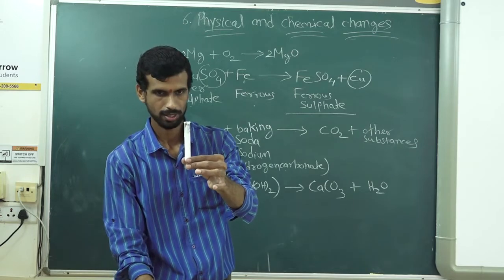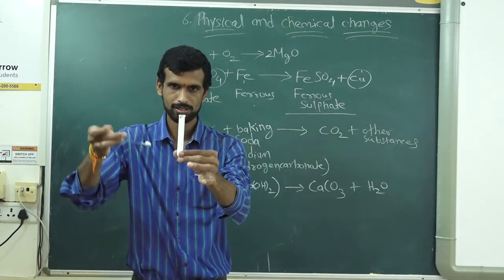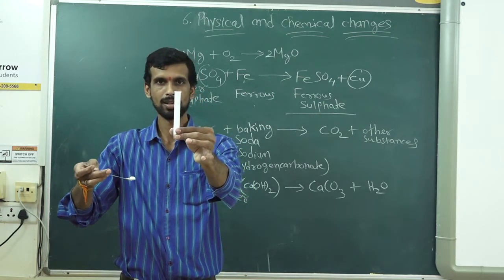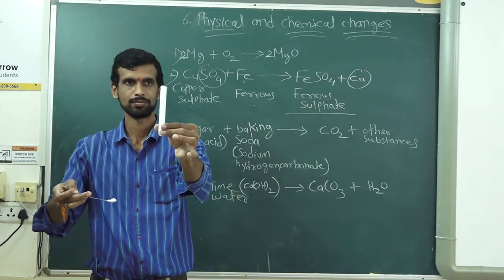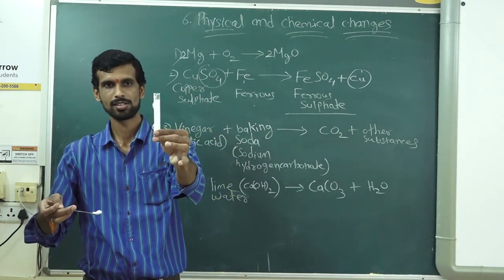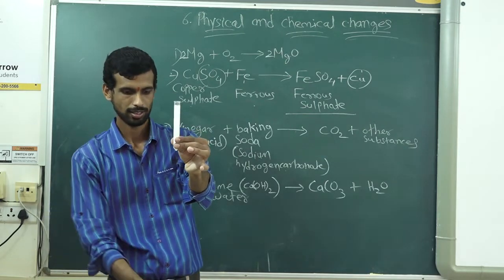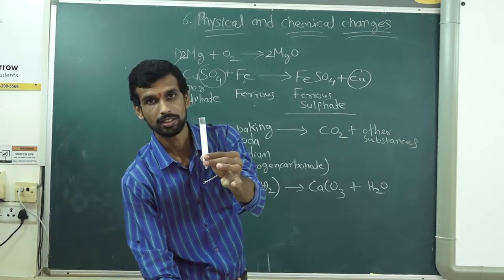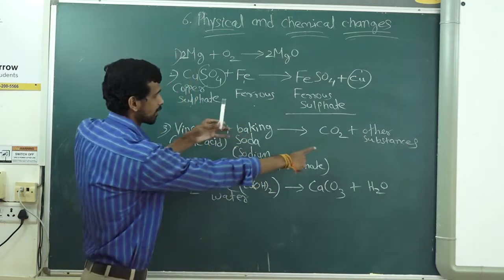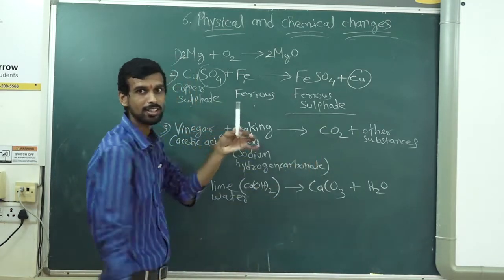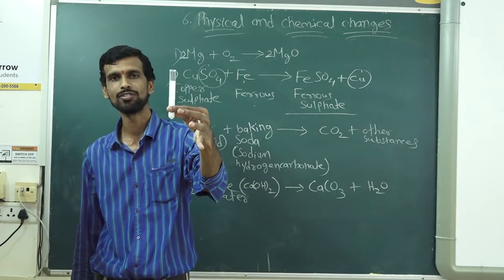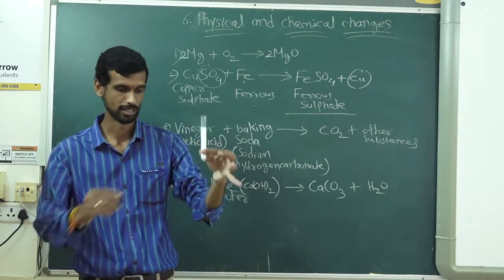Can you see what is happening? Can you see the bubbles? See, the bubbles are coming out of the test tube. Can you identify which gas these bubbles are? Carbon dioxide. These bubbles are nothing but carbon dioxide.